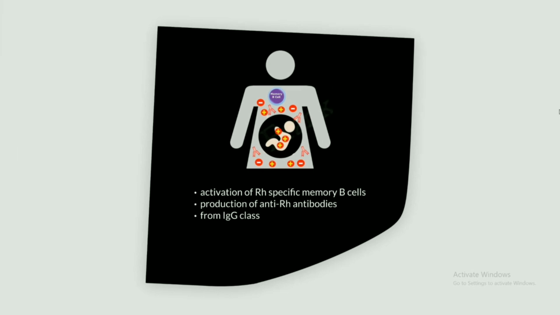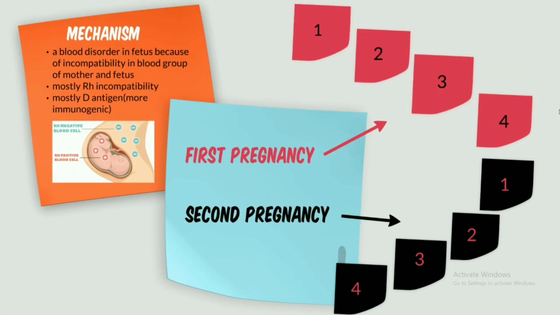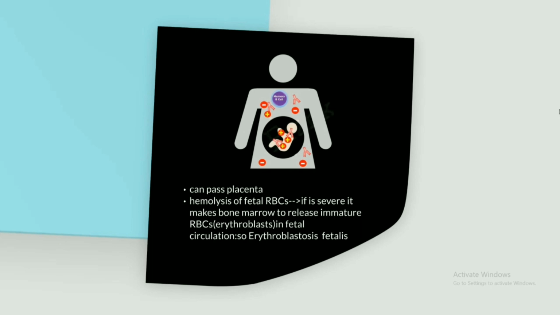So now we have activation of memory B cells specific to Rh antigens, and of course production of anti-Rh antibodies. Because they are produced by memory B cells, they are from IgG class. So anti-Rh antibodies, which are from IgG class, pass through placenta. They bind to Rh factors on the surface of fetal RBCs, so hemolysis of fetal RBCs will happen.